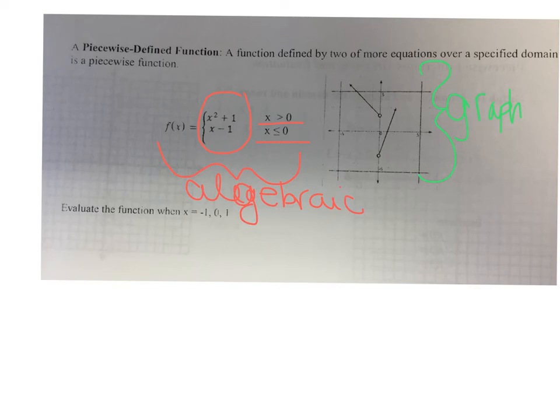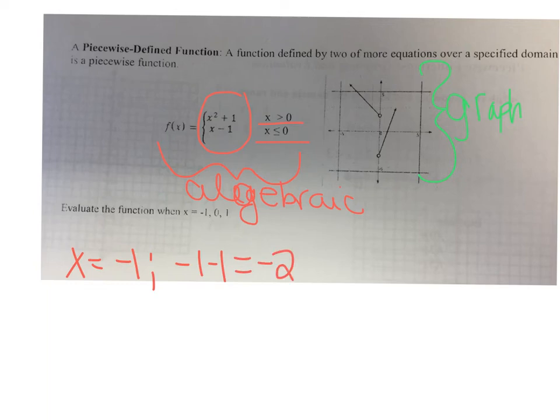If I wanted to do the algebraic one, x equals -1, I need to use the bottom piece because -1 is less than 0. So that means I'm going to have -1 minus 1, which is -2.